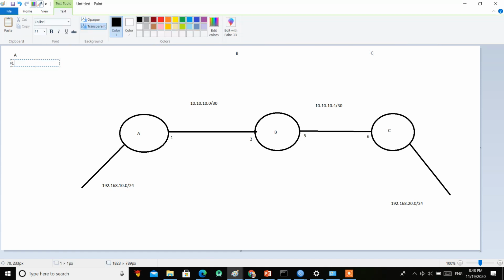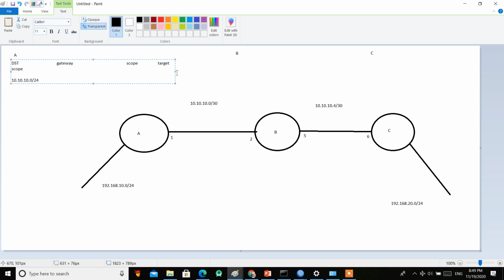Router A adds each connected route directly. Okay, wait. Destination and gateway and scope and target scope.